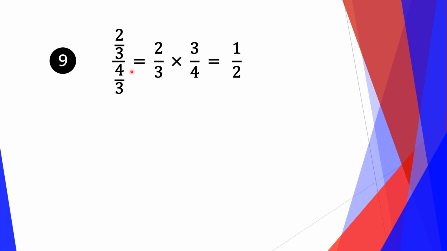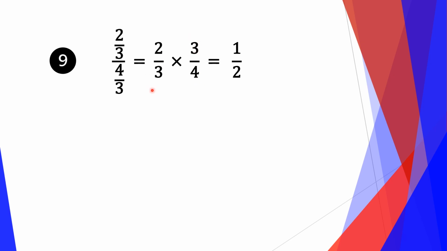Let's move on to question 9. We have 2/3 divided by 4/3. Again, we keep the first fraction as it is, 2/3. We change the division sign into multiplication, and we take the reciprocal of the second fraction. It is 4 over 3. We write it down as 3 over 4.